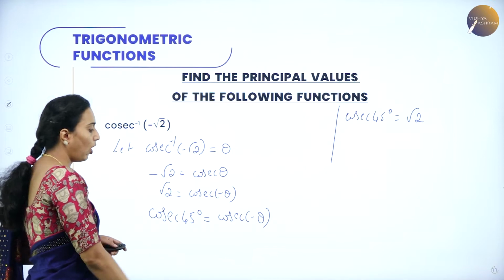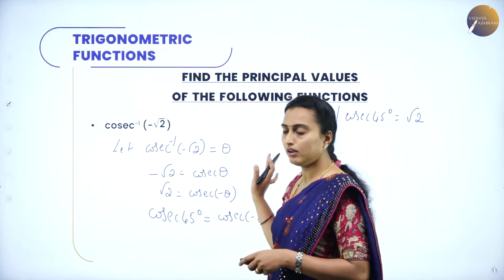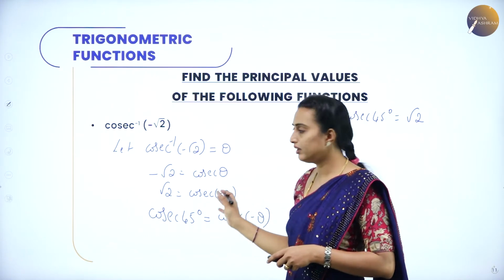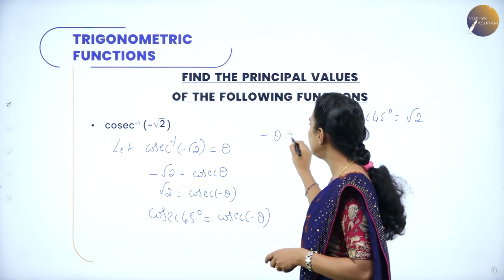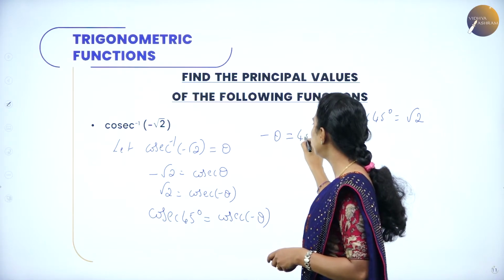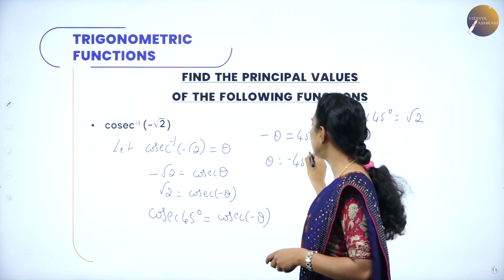Multiplying both sides by cosecant inverse, we get 45 degree equals minus theta, or theta is equal to minus 45 degree.